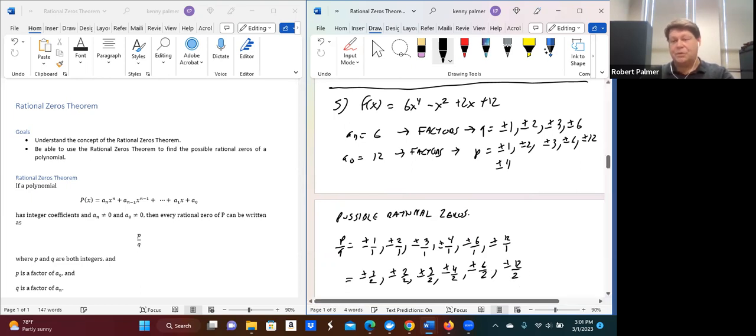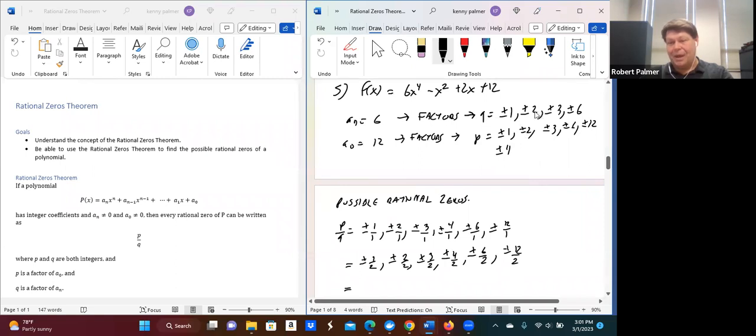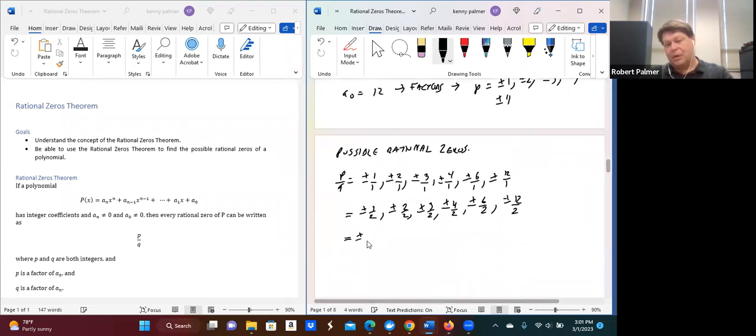Some of those reduce, and some of these are repeating, so you can always get rid of the repeating ones. Then divide each one of these by 3: plus or minus 1/3, plus or minus 2/3, plus or minus 3/3, and so on. So you see what we're doing, and that this is a lot of possibilities.